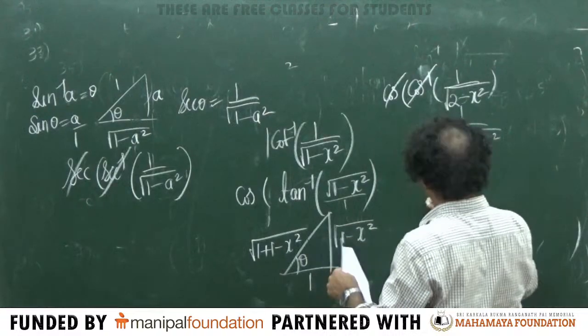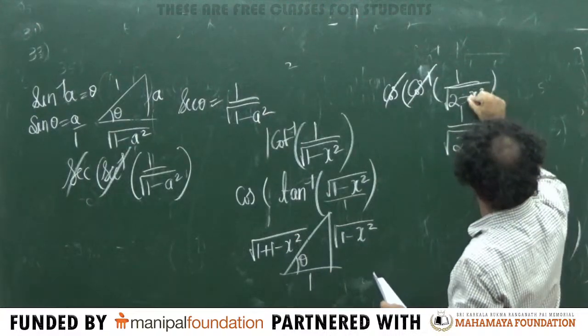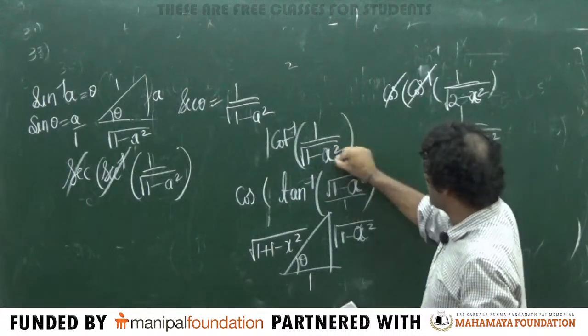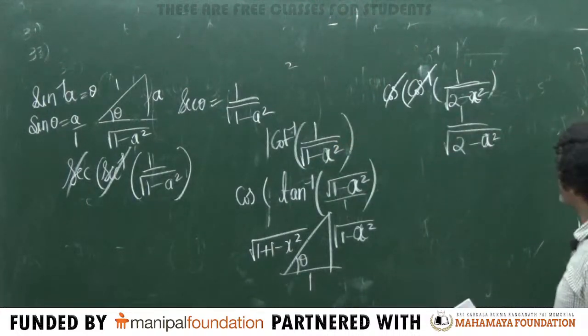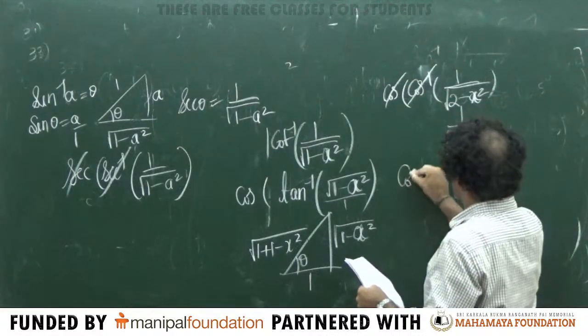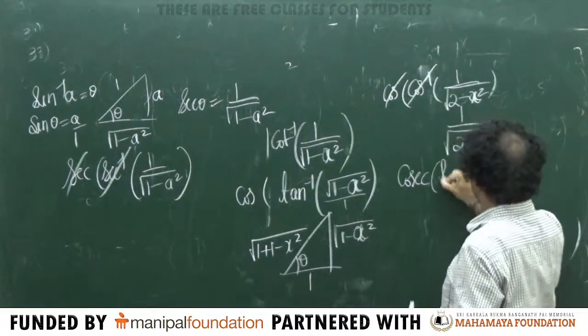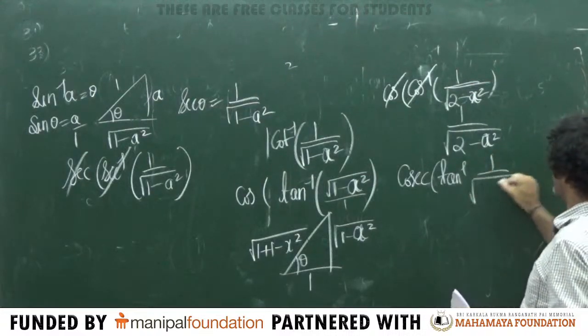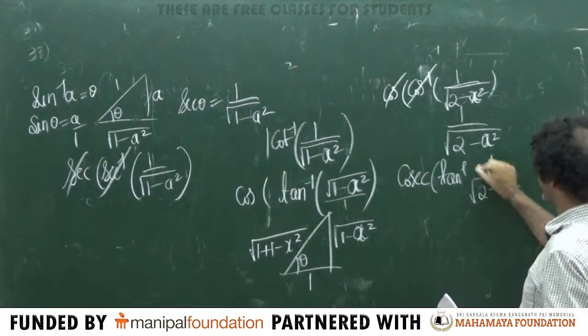Now check before cos, who is there again? Isn't it not x square, a square, right? Wherever x is there, put a, everywhere a, okay? So before cos, who is there? Check that. Isn't it tan inverse? So you are left with cosecant of tan inverse. What is it? 1 by root of 2 minus a square.